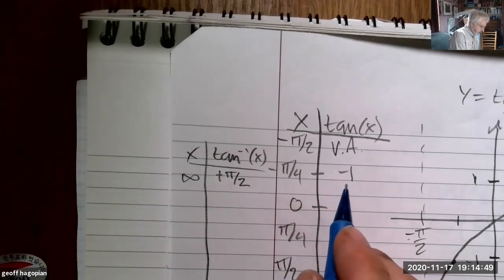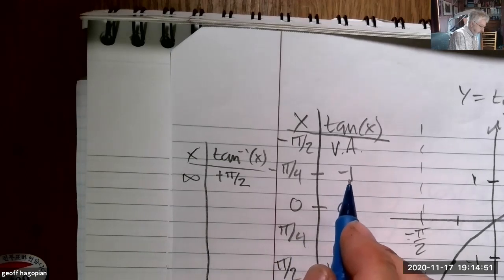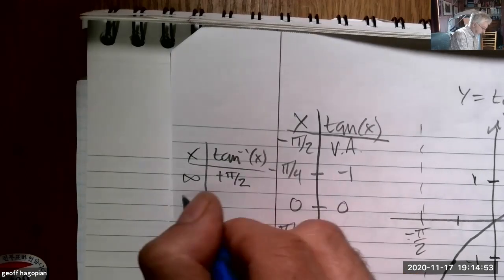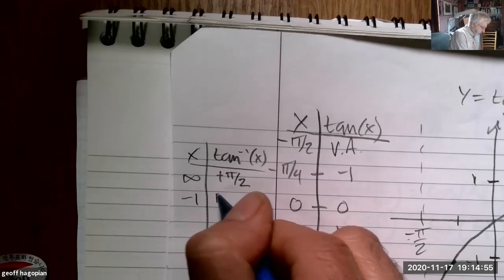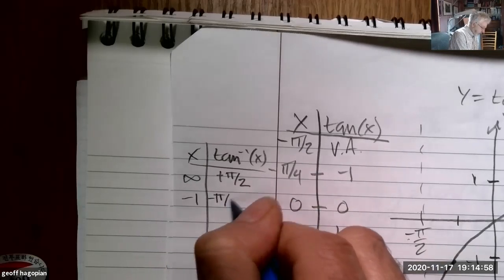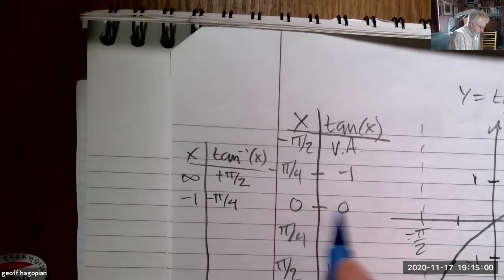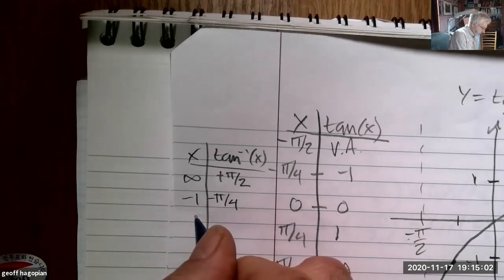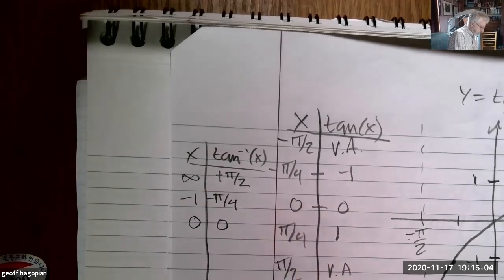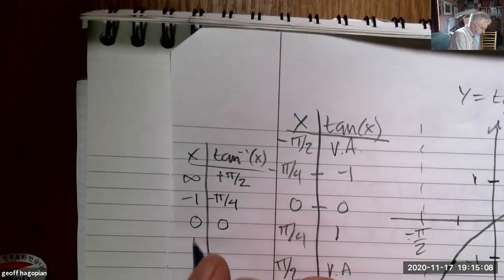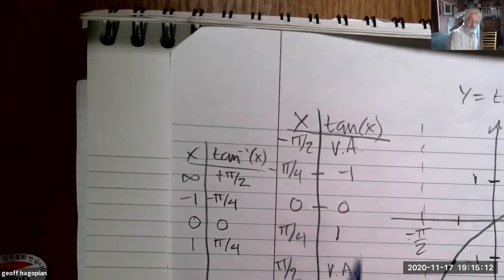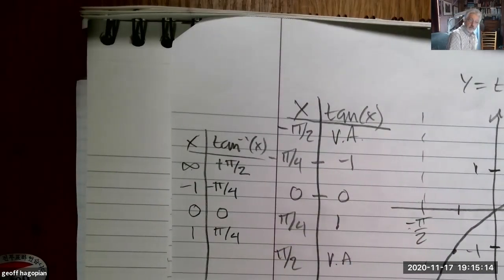But we can say, yeah, the arc whose tangent is -1 is, oh, sorry, negative pi over 4, right? The arc whose tangent is 0 is 0, and the arc whose tangent is 1 is pi over 4. Right, so I'm just taking these input outputs and reversing them, right?